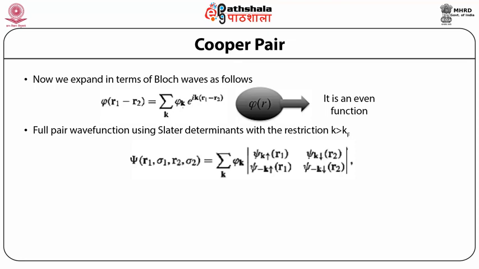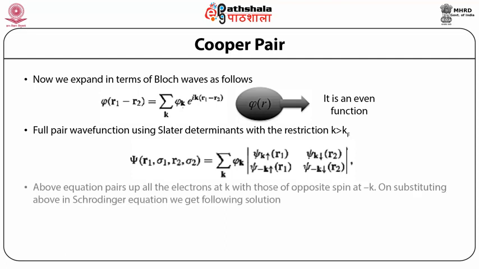And the other one is exactly opposite: it is placed at the r1 coordinate with up spin and wave vector minus k. So our equation now pairs up all the electrons at k with those of opposite spin at minus k. You see the summation here is over k, so all of the electrons are paired.